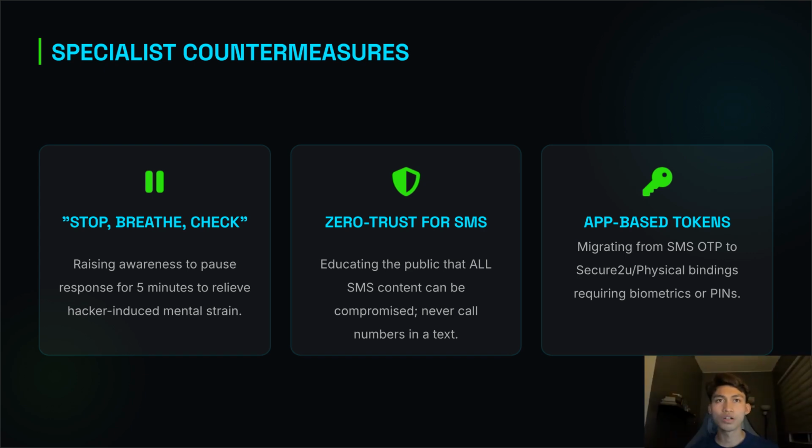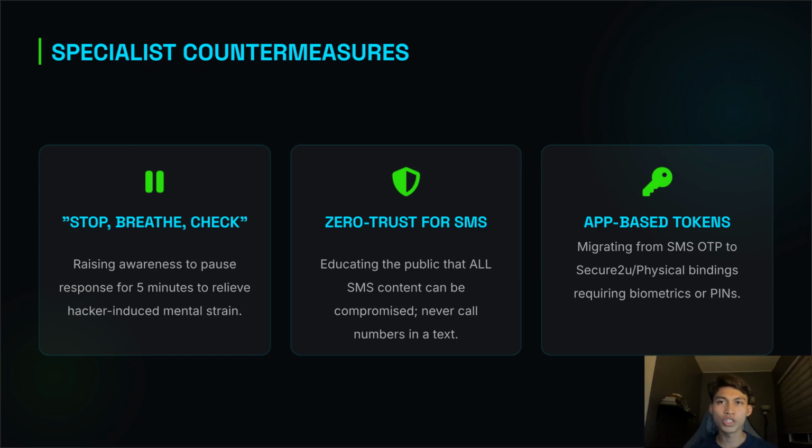Now let's look at the perspective of a cybersecurity specialist. Technical code alone cannot fully secure an environment if the human factor remains fundamentally broken. Therefore, I recommend 3 core defensive pillars to protect the general public. First, we must aggressively promote the stop, breathe, check rule.